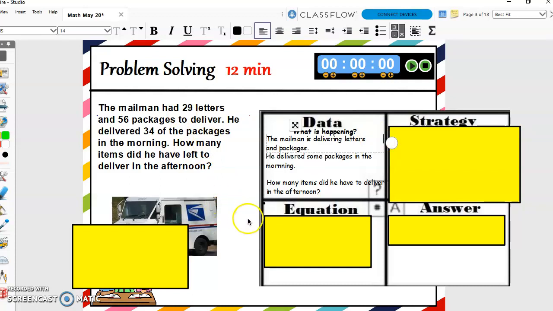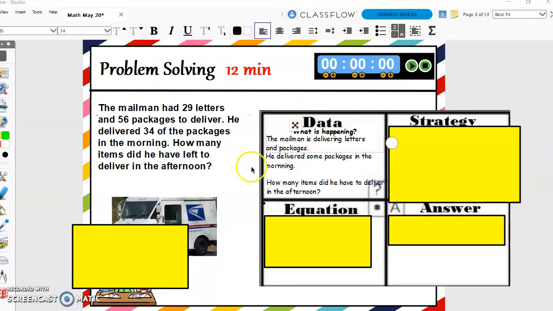All right. And so the mailman delivered some letters and packages. He delivered some packages in the morning. How many items did he have to deliver in the afternoon is going to be our question today. So pause the video, take a little time to jot this down if you need to, and then we'll move on to strategy.